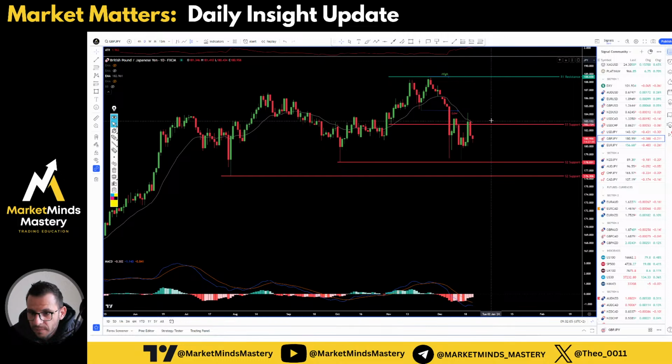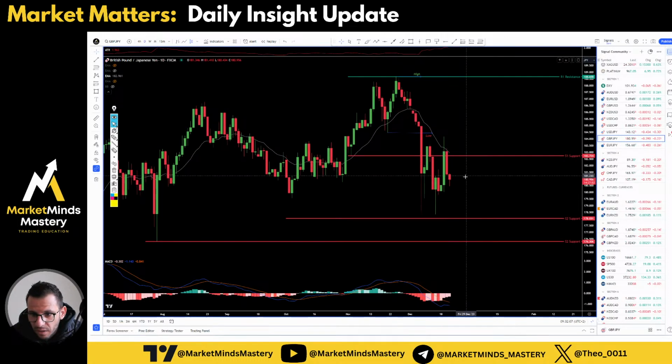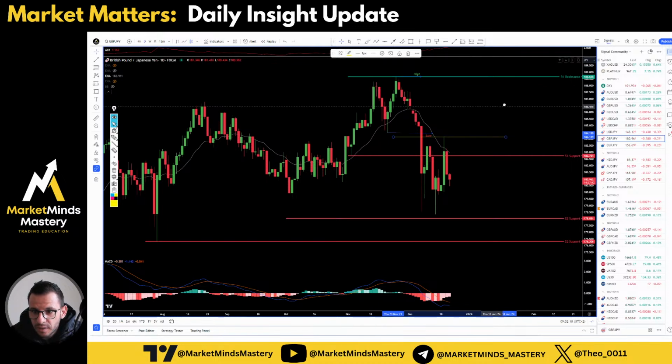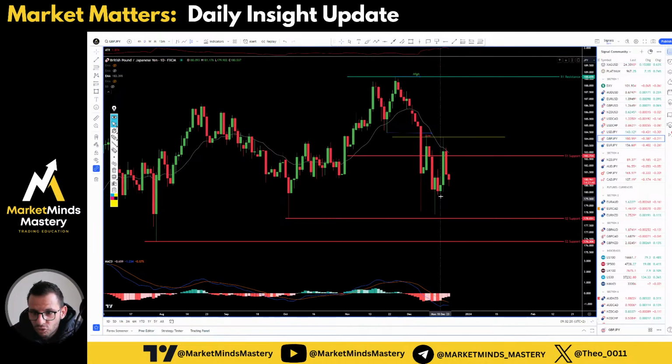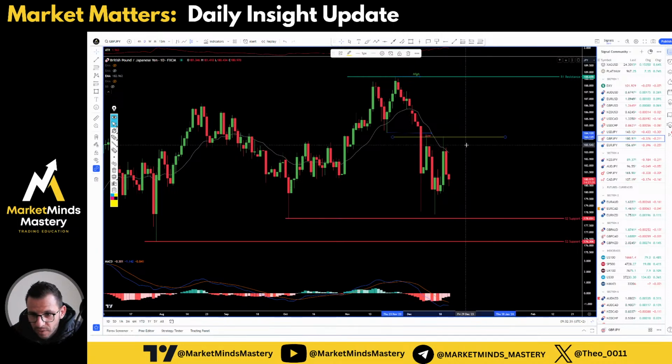GBP/JPY, there's nothing here really. Price retested this resistance at the top and this one here, and it dropped below this support. So this support looks like it's not respected, so we're going to delete it from the chart, and we're going to leave this one as irrelevant for the price.